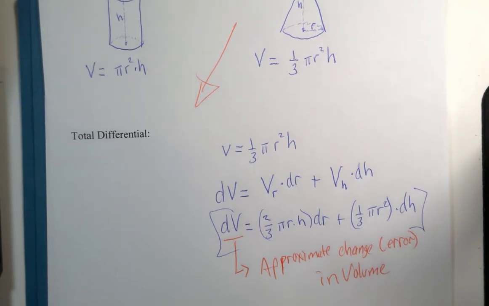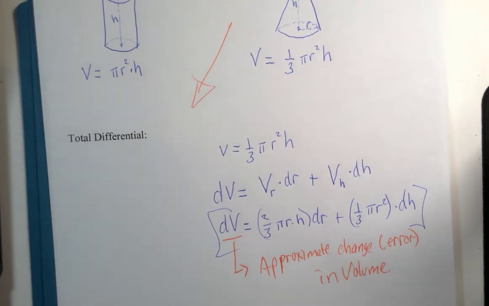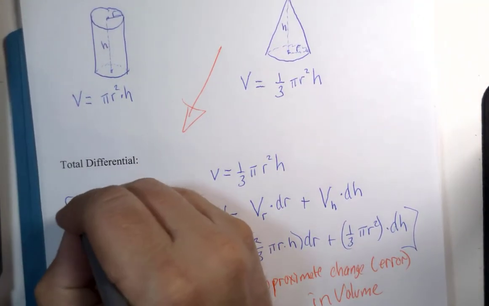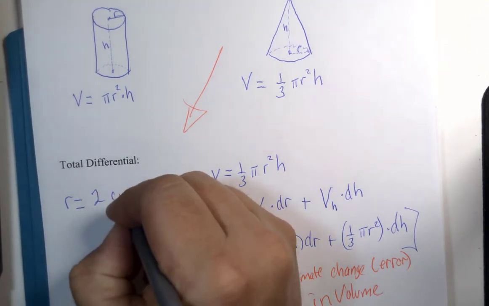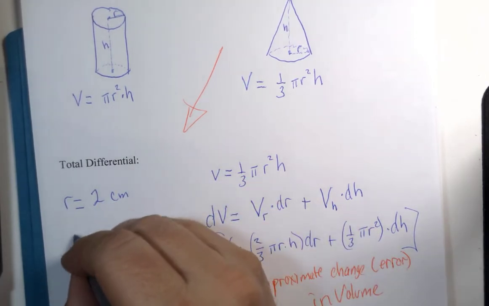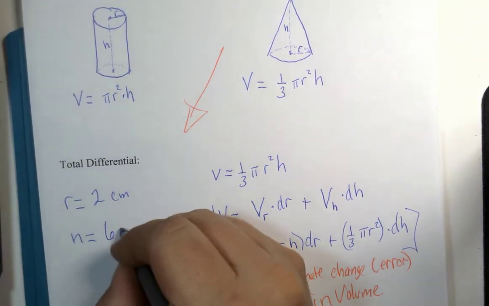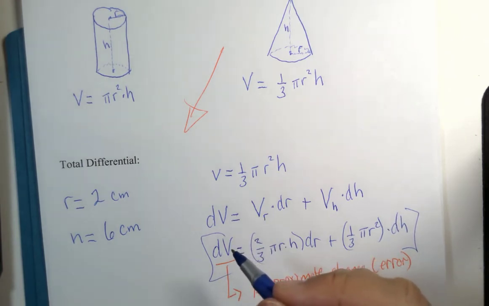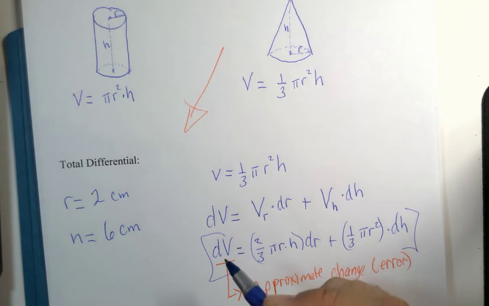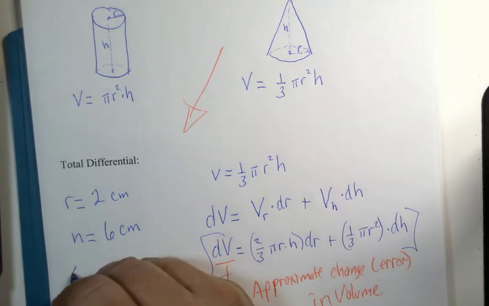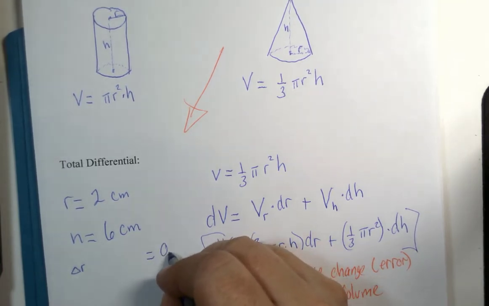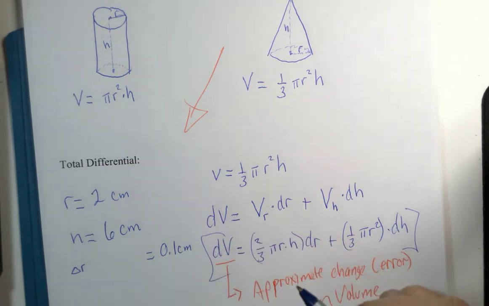It's the approximate change or error in the volume. Well, let's actually use it to measure for a particular problem. What if our cone had a radius of 2 centimeters and a height supposed to be 6 centimeters, but with the method of producing the particular cone, there's a possible error in our radius of 0.1 centimeters, which is 1 millimeter.